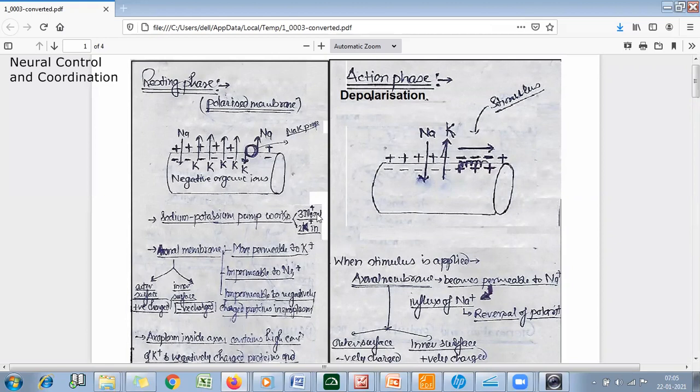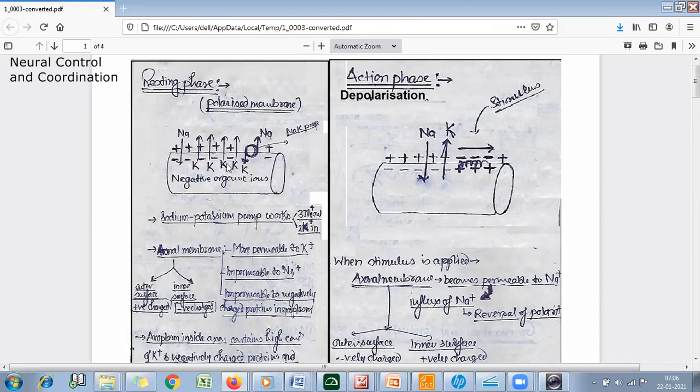Sodium potassium pump is nothing but the utilization of carrier protein, and by the use of ATP, it brings 2 potassium inside and throws 3 sodium outside this membrane.